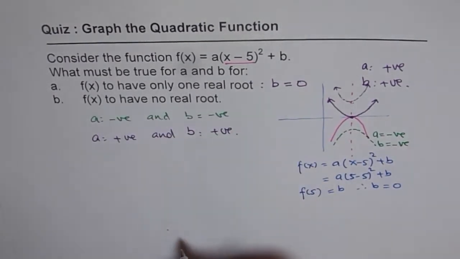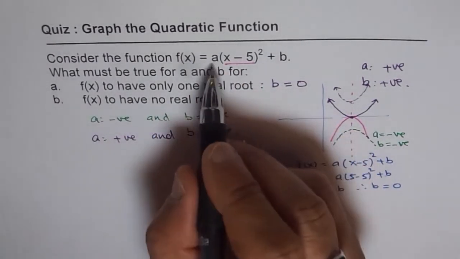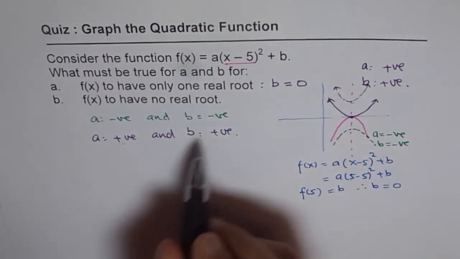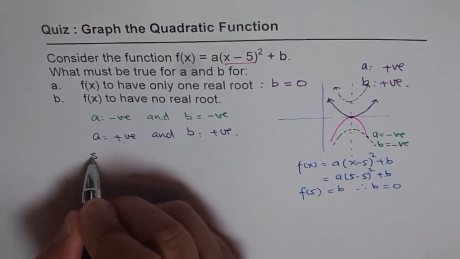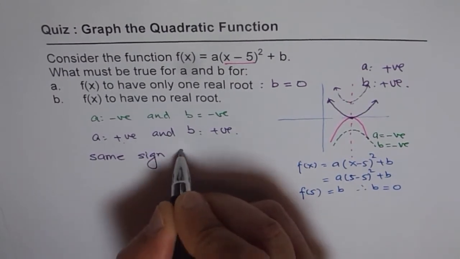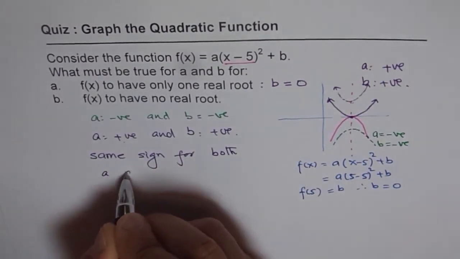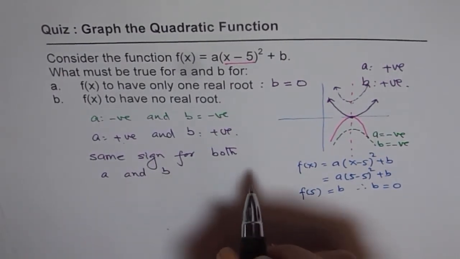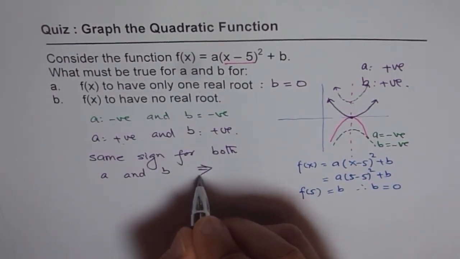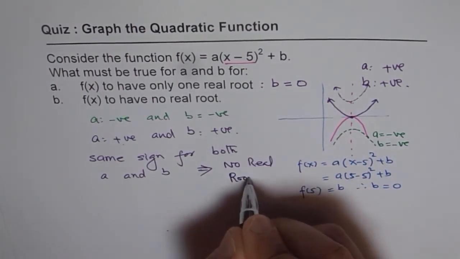So for part B, for f(x) to have no real roots, a and b should have the same sign. Then we have no real roots.